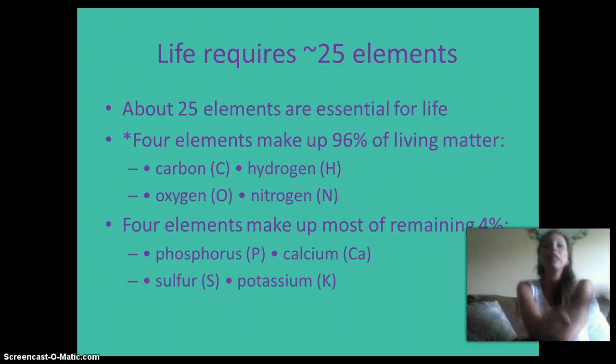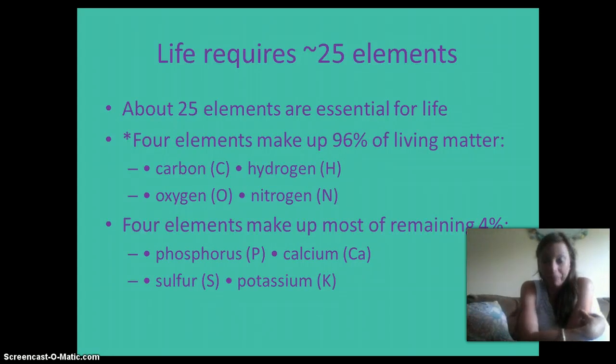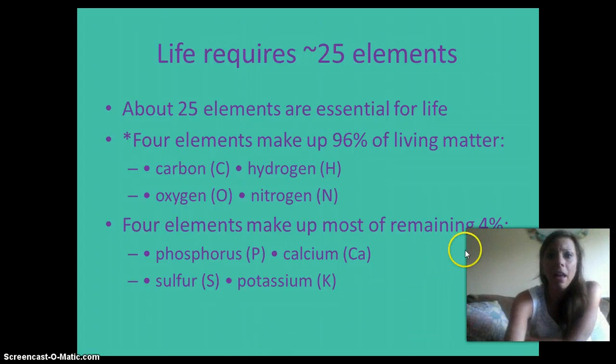Now, all living things do require elements, and there are about 25 elements found in living things, and they are essential for life. 4 of these elements make up 96% of living matter. They are carbon, hydrogen, oxygen, and nitrogen. Now you can think of that we are a lot water.